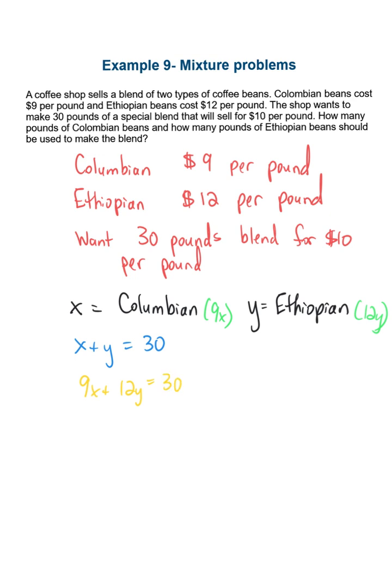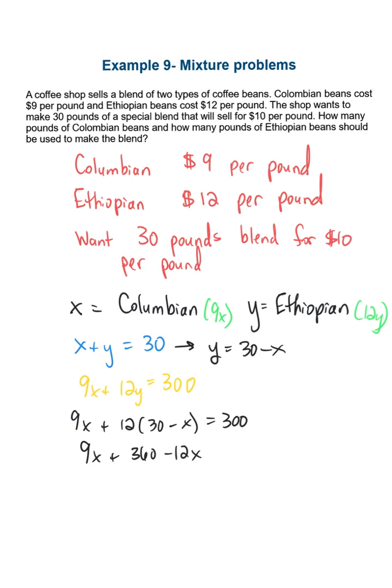So again, I go back up here and say, let's make y equal to 30 minus x. Let's replace that: 9x plus 12 times 30 minus x. That should be a 300, sorry, is equal to 300. Start distributing. Combine like terms.